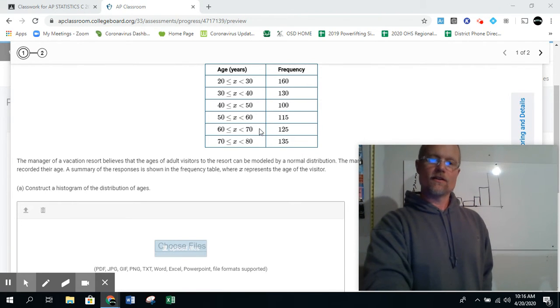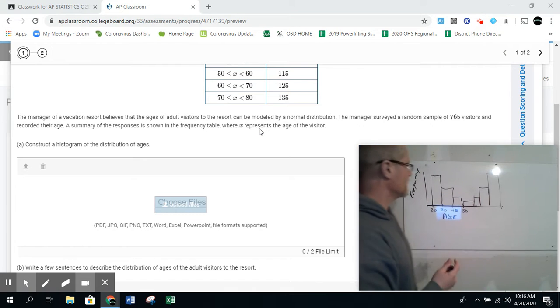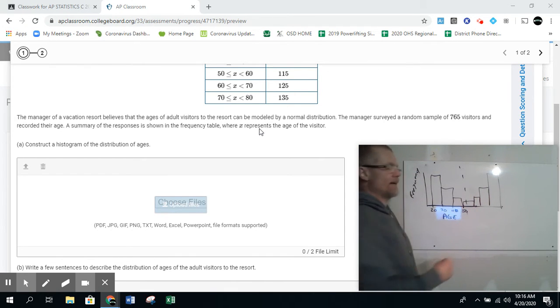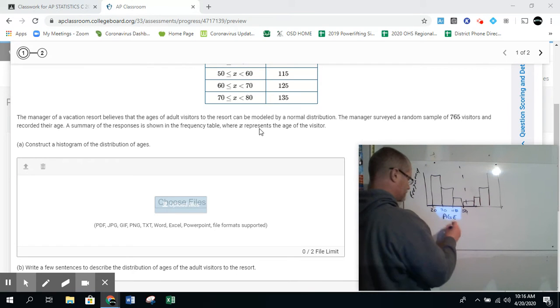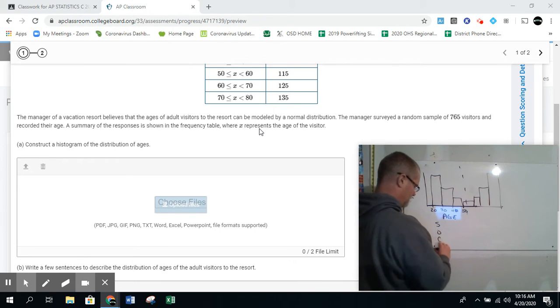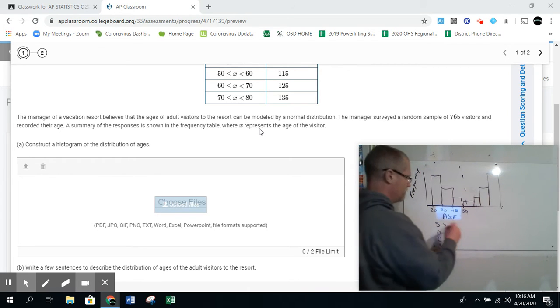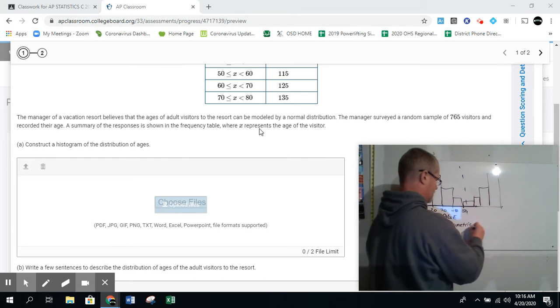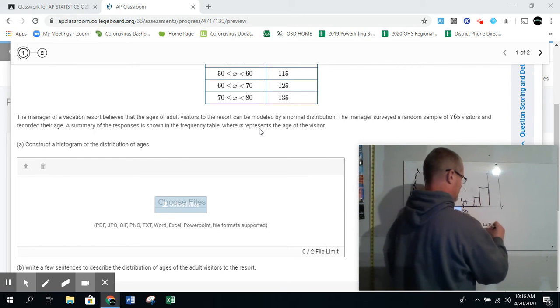Now, is it symmetrical? It's close enough to symmetrical. The general shape on this half and the general shape on that half is close enough. So if we have to do shape, center, spread, and outliers, the shape is a symmetrical U-shaped graph.